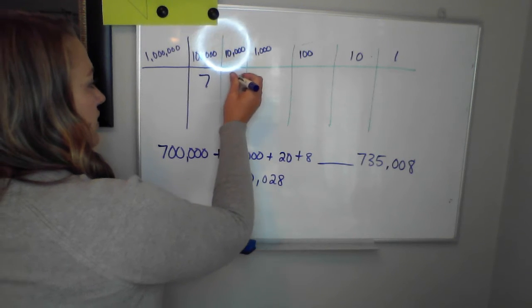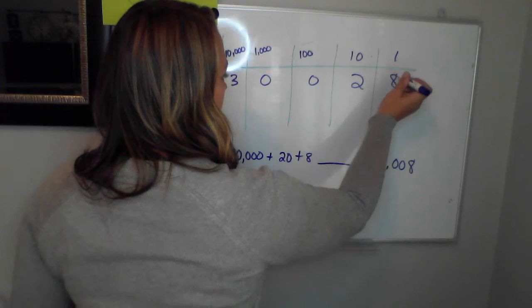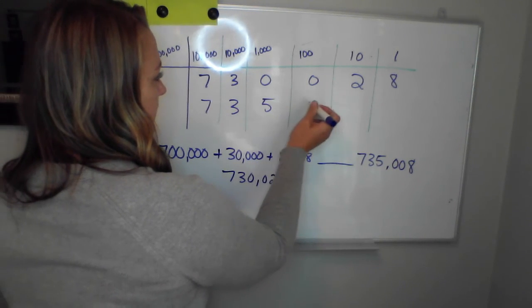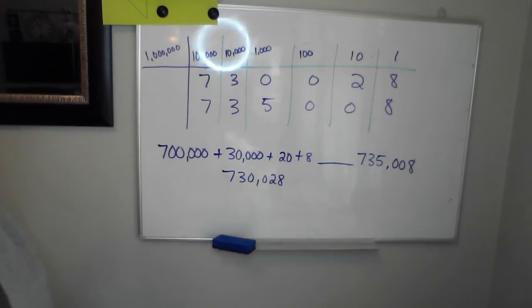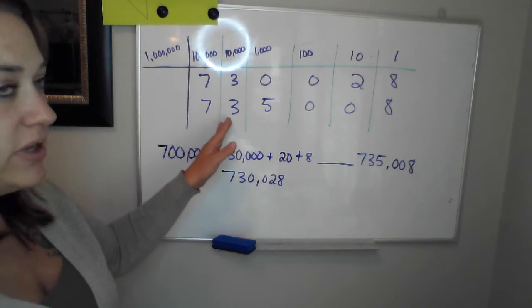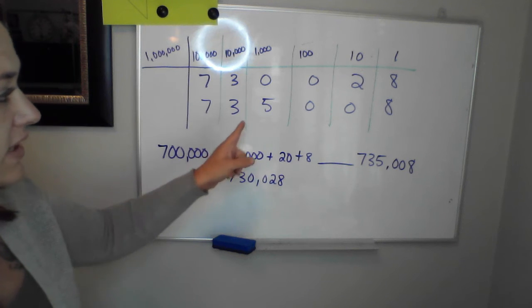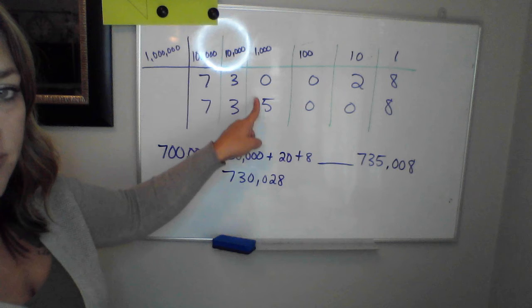So I have 730,028. 735,008. Okay. So now when we're comparing, our first two largest values again are the same, but I get to my thousands and what do we see? We see a difference.